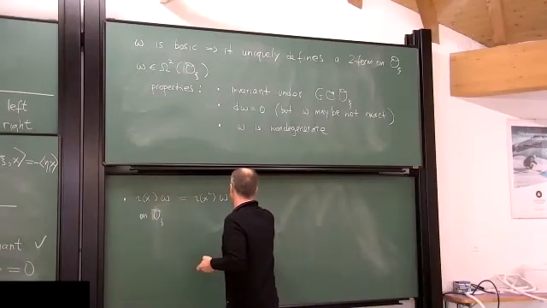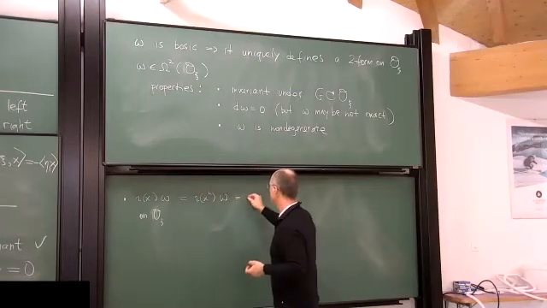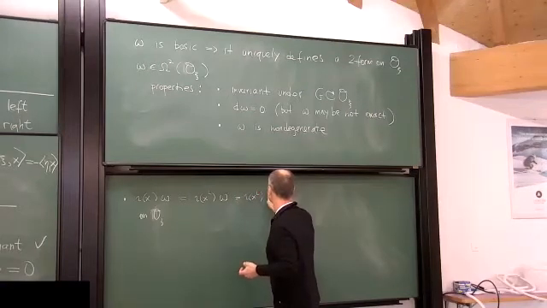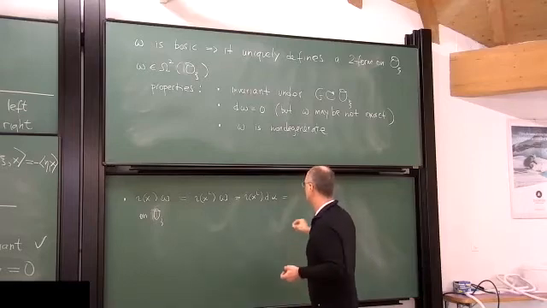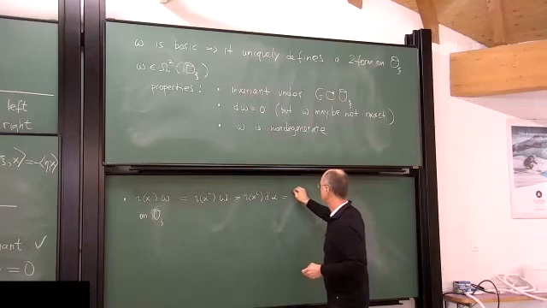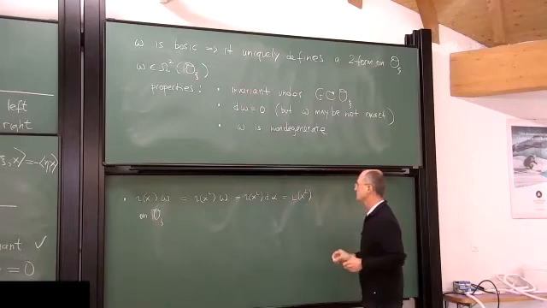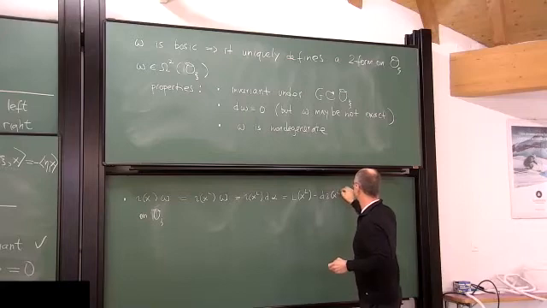But let's try. We've basically done a similar computation before. So this is iota XL d alpha. Now you see we played with the right action. We can now play with the left action. So again, Cartan's magic says this is the Lie derivative of XL minus d iota XL alpha.